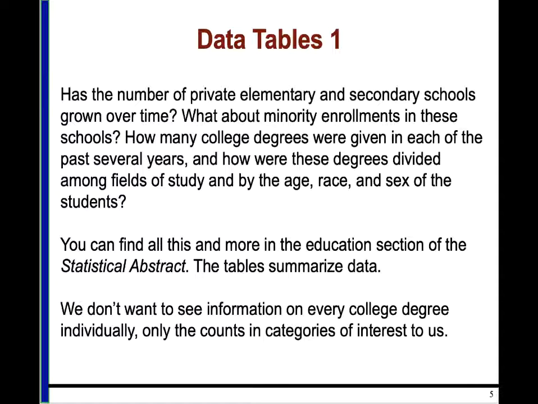These are all questions that can be answered by looking at the educational section of the statistical abstract that's made available publicly online. We don't necessarily want to see the information on every college degree individually. We're interested in the number of overall degrees that fall into each category, as well as the percent.